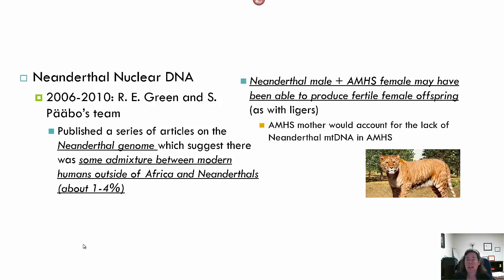A Neanderthal male and anatomically modern Homo sapien female may have been able to reproduce fertile female offspring, as with tigers. An anatomically modern Homo sapiens mother would account for the lack of Neanderthal mitochondrial DNA in anatomically modern Homo sapiens.